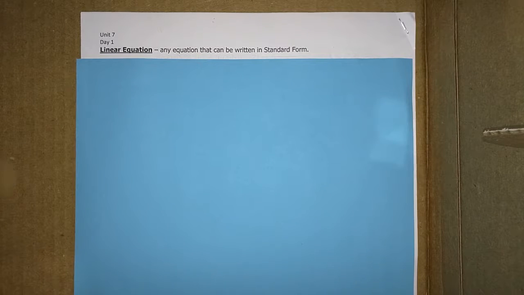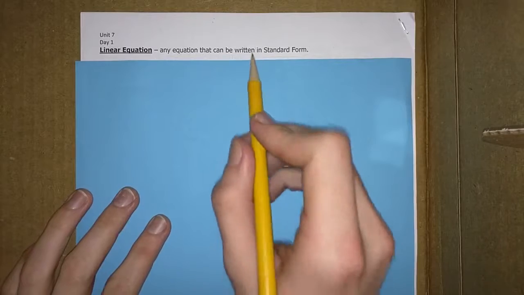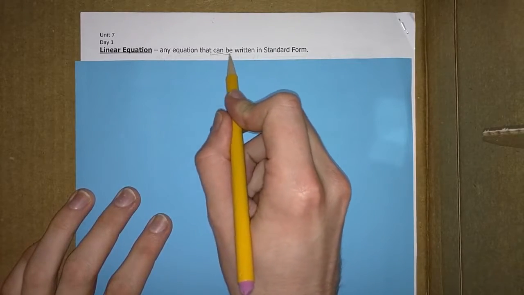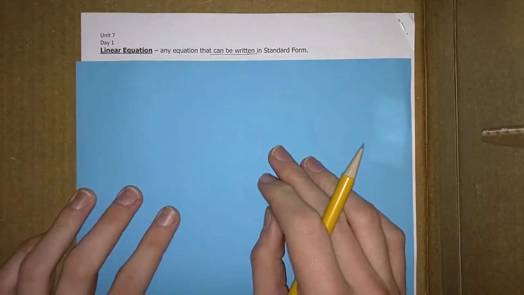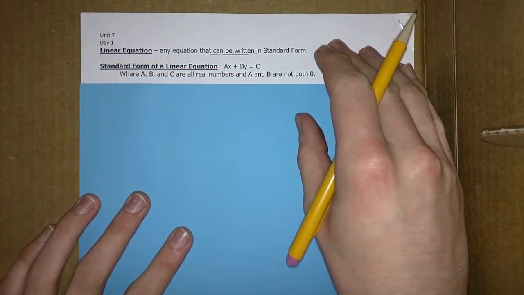All right, so far we have talked about determining if we have linear functions with tables, with graphs, with mapping diagrams, and the last type of thing we're going to look at are equations. A linear equation is any equation that can be written, that's an important note, that can be written in standard form. To tell that we really need to know what standard form is, and so here we have it.